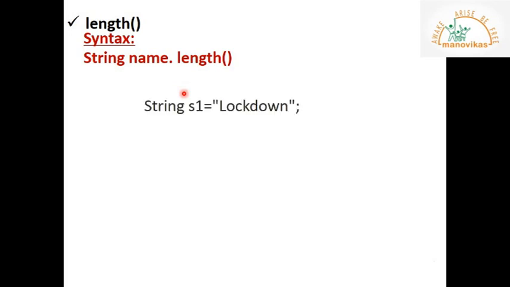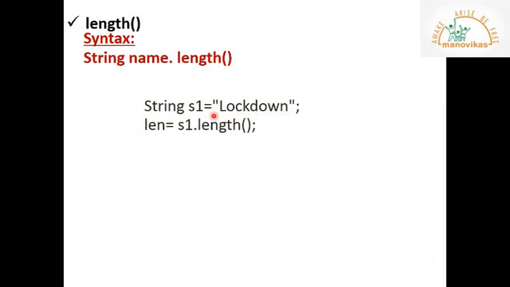Look at this example. I have assigned the string lockdown to the string S1. S1.length is a function which will find the number of characters in this string. 1, 2, 3, 4, 5, 6, 7 and 8.